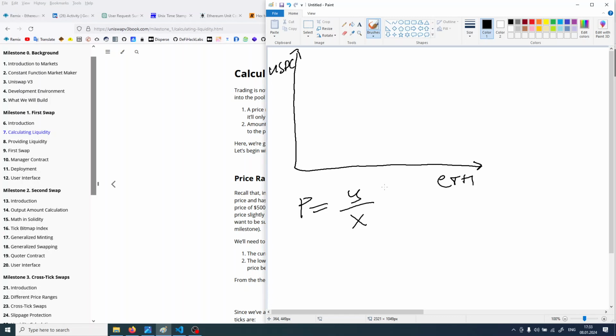But you must know that in Uniswap v3 in production there is no specification of these assets. There is only token 0 and token 1.